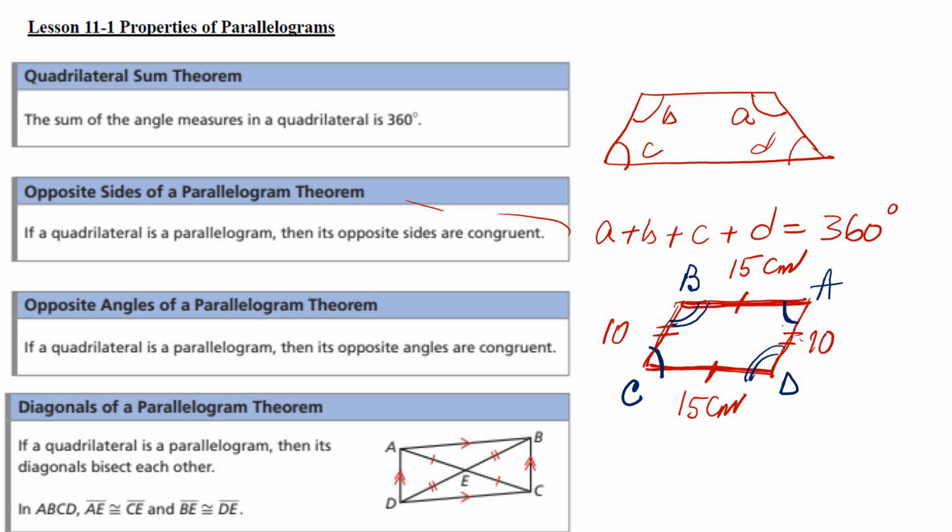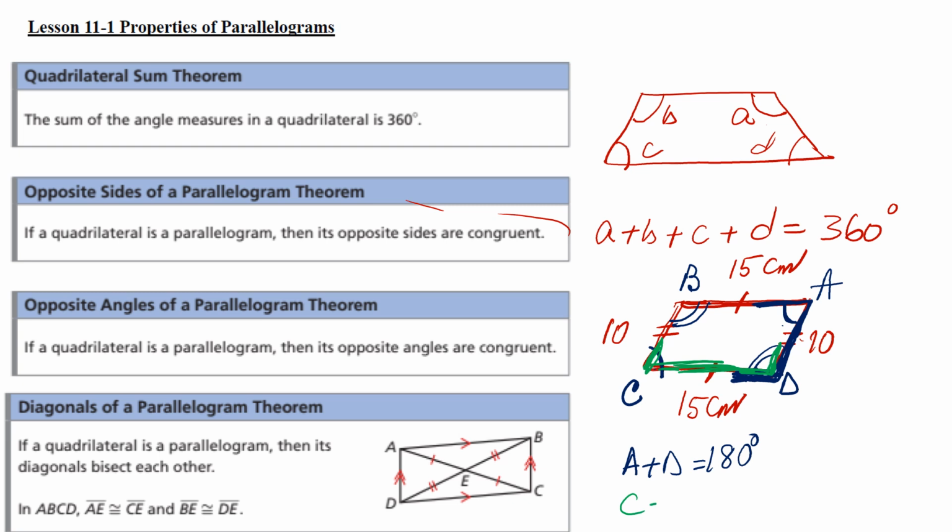And what is the relationship between A and D? It means the angles which are side by side to each other, the sum of them, A plus D, is equal to 180 degrees. Similarly, C plus D, they are side by side, right?